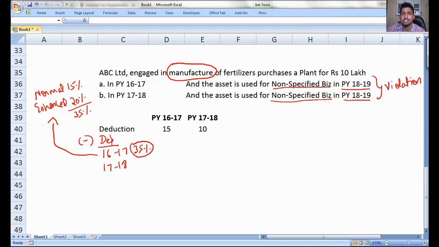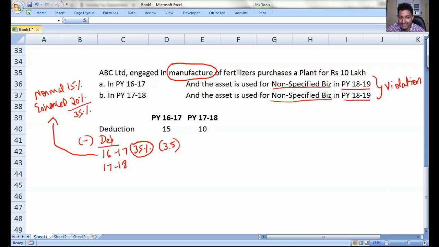Now the question is, 35% should be claimed on what? On 15 or on 10? You have to follow the rules of depreciation here. You could have claimed depreciation of 35% only on 10 lakhs, and hence the deduction notionally that we'll calculate is 3.5.